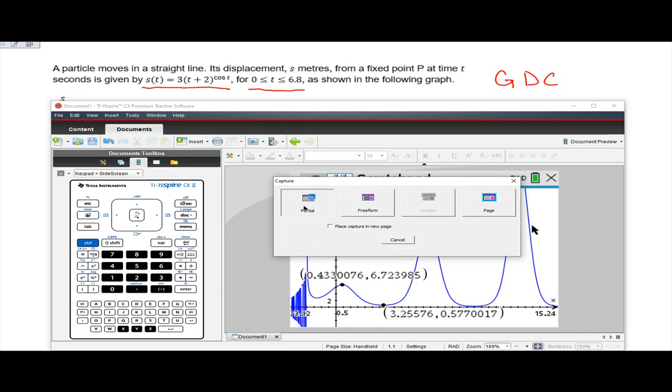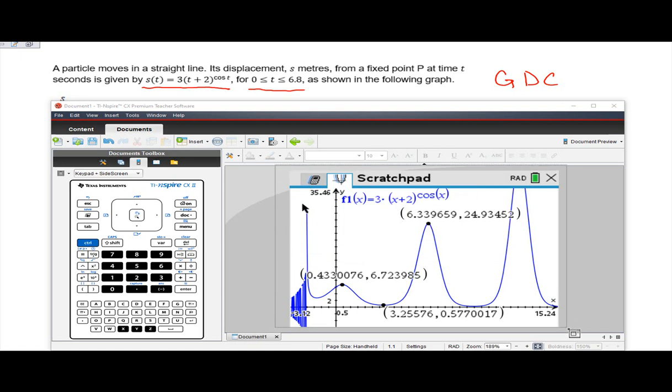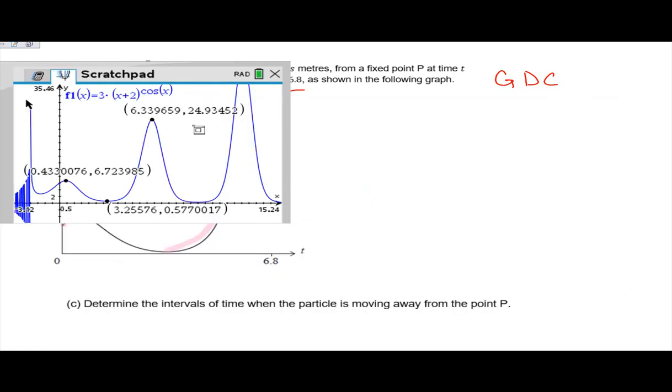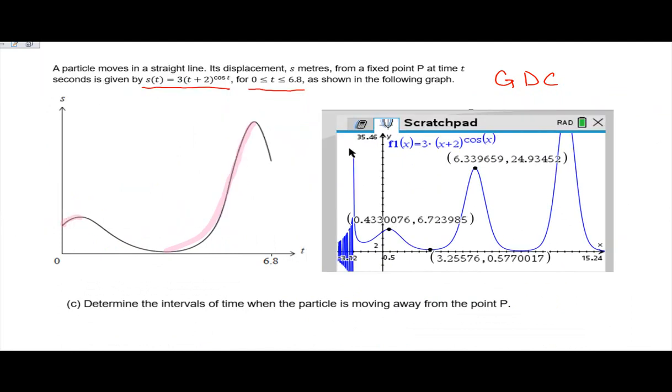Let me crop this just so I can draw on it. Right here, once I graph this, it's going away from P from there to there, and from here to here.